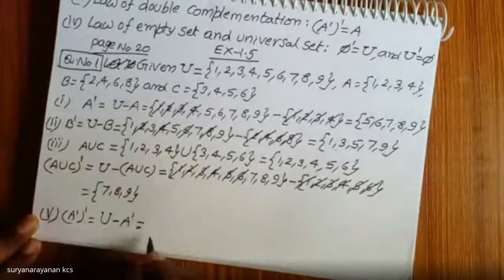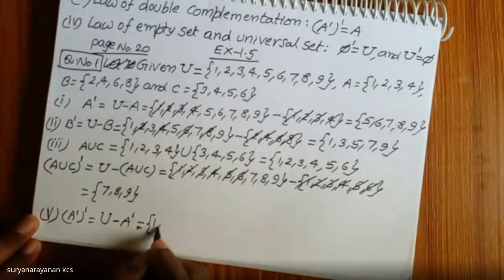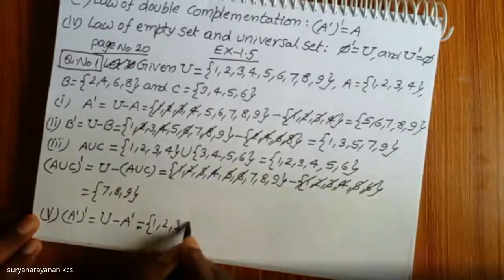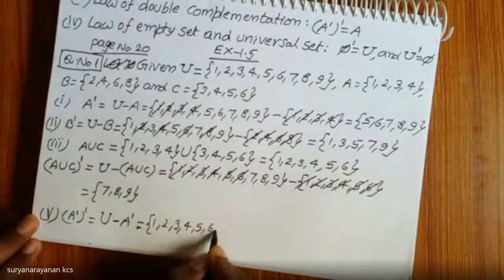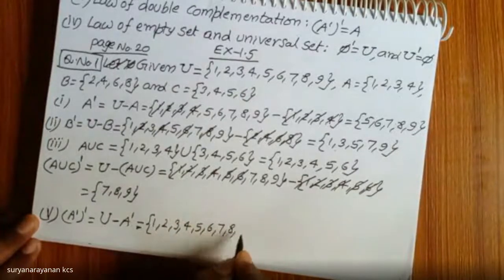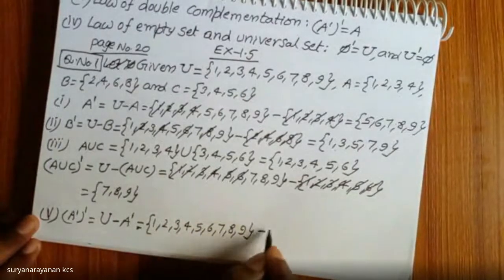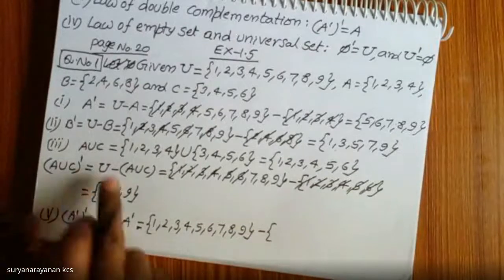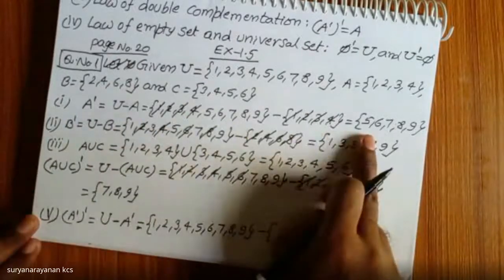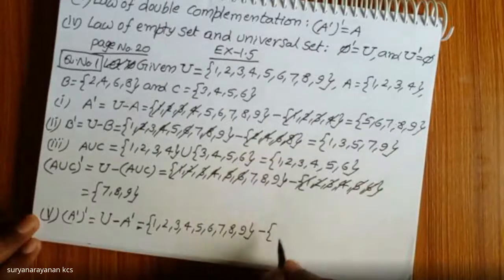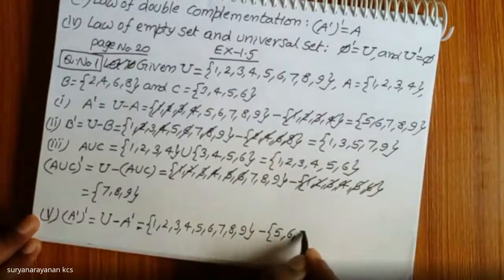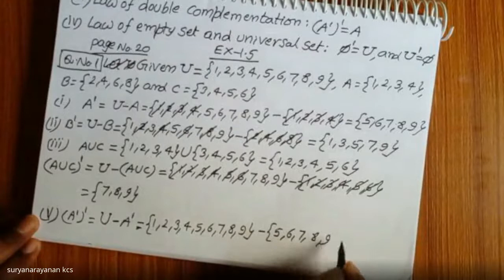What is the universal set here? Set 1, 2, 3, 4, 5, 6, 7, 8, 9 minus A complement. We have already found A complement in the first question: 5, 6, 7, 8, 9.